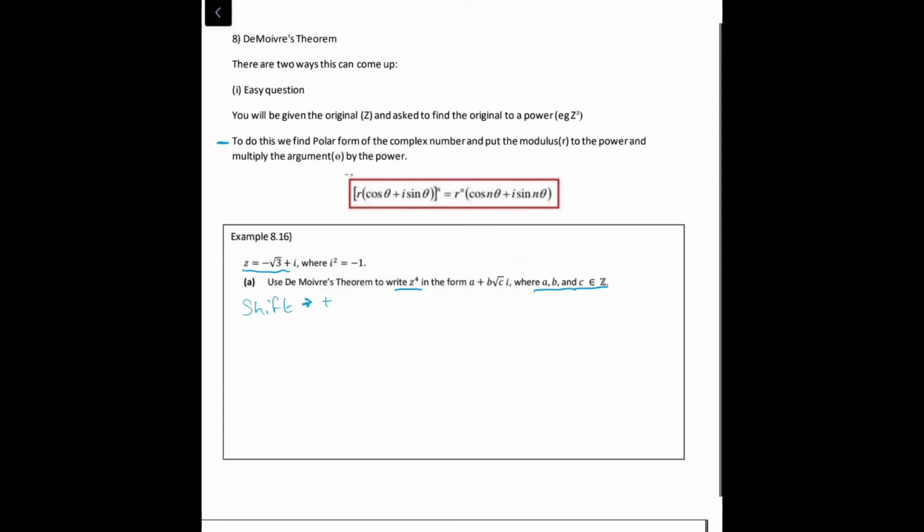When you do that, you will see that you get Pol on your calculator with an open bracket. I type in minus the root of 3 for the first part of my z value. Then instead of writing i, because there is no i on the calculator, it knows the second coordinate is the imaginary part. So it's just a 1 in front of the i. If that was 2i, I'd write a 2 here. I close my bracket and I press equals.